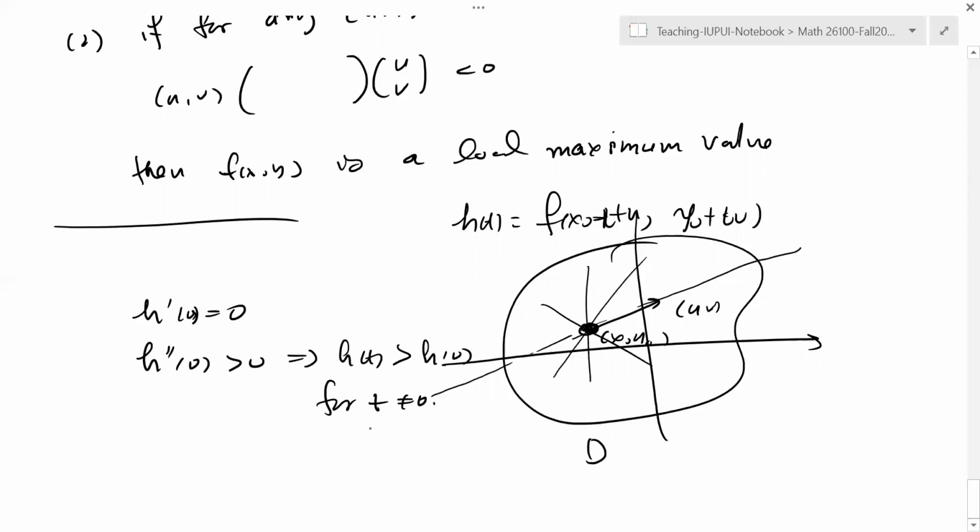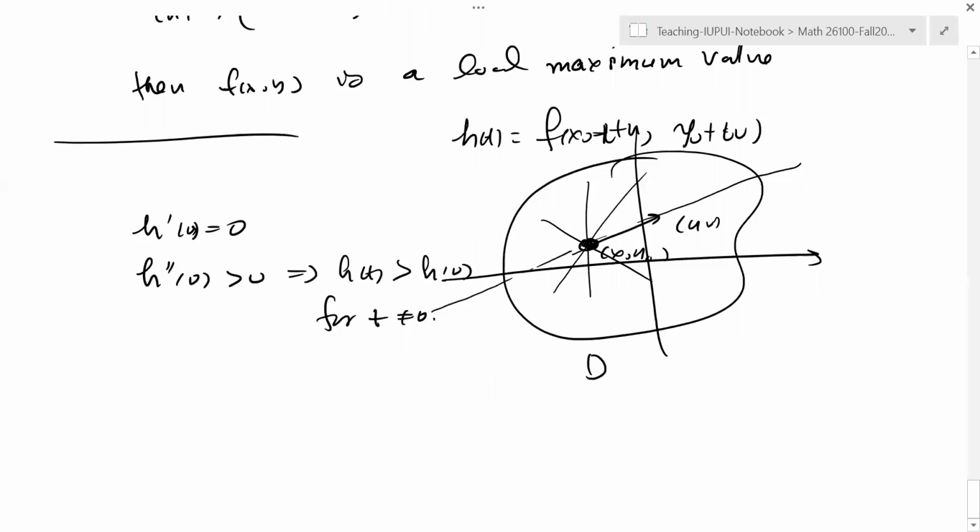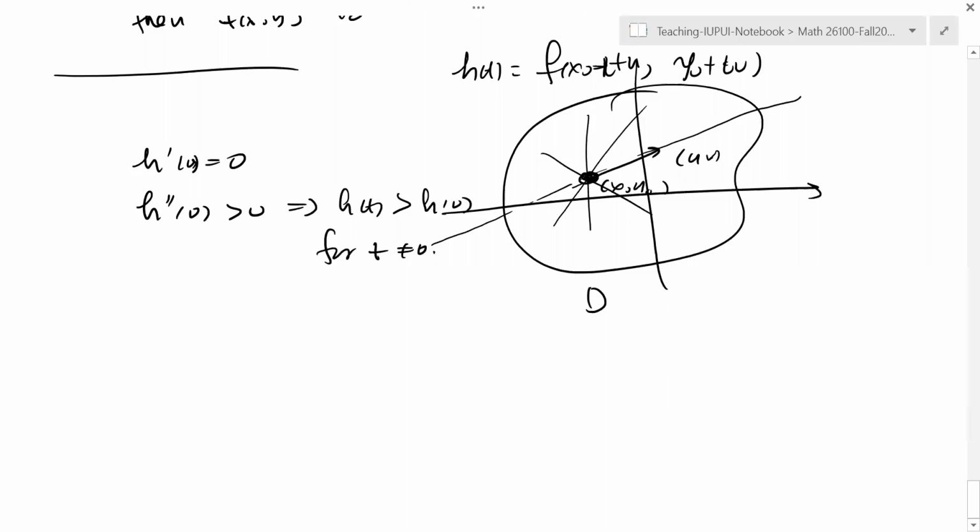That means the value of the function along this line is greater than or equal to the value at this particular point. But you have to make sure in all directions it has such a property. Then you say the function has a local minimum value at this point.